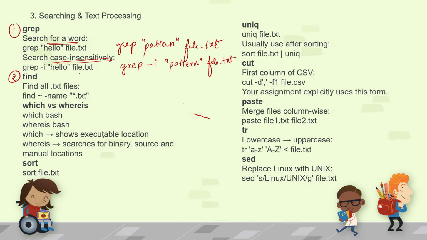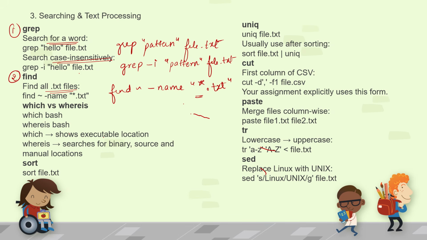Next is find. find is used to find all the .txt files. Like you mention find -name "*.txt". The asterisk stands for whatever can come before the .txt.